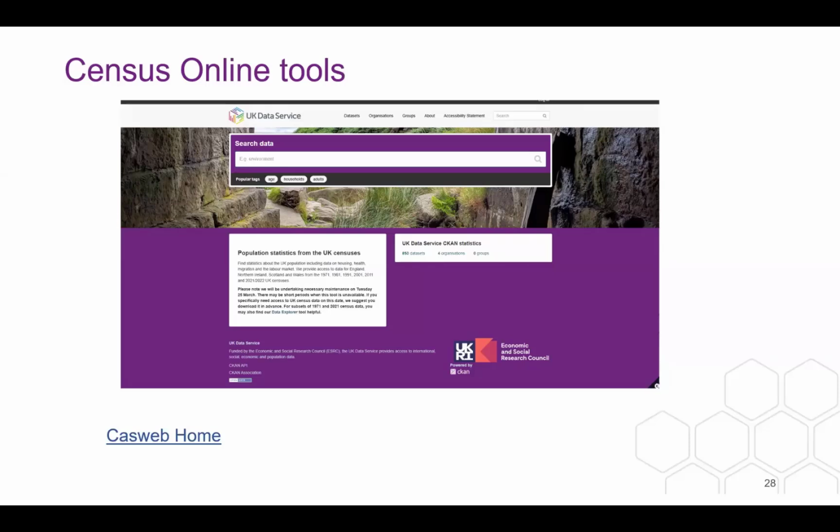CASWeb is designed to guide users in selecting census aggregate data relating to combinations of characteristics and areas of interest to them. You can just pick your topics from the options shown on the screen, and you can specify your parameters to produce outputs.